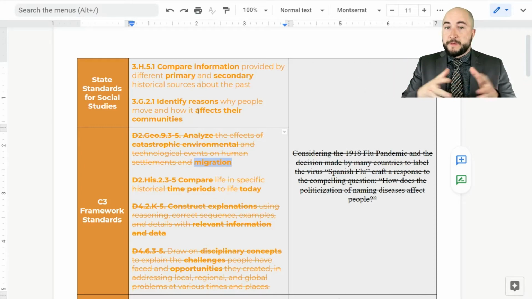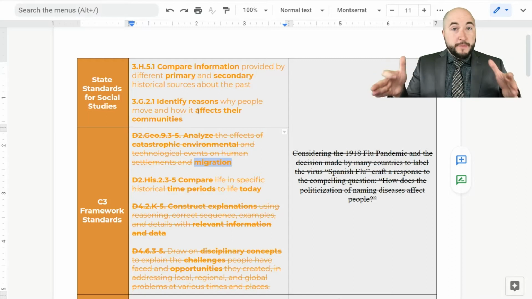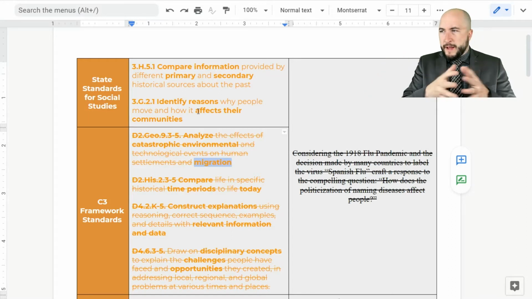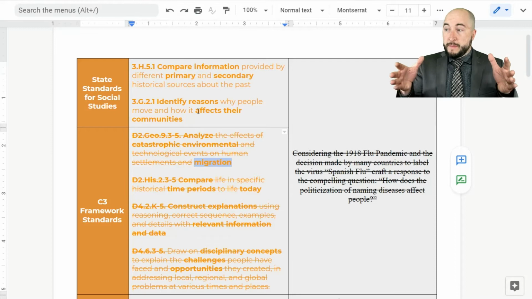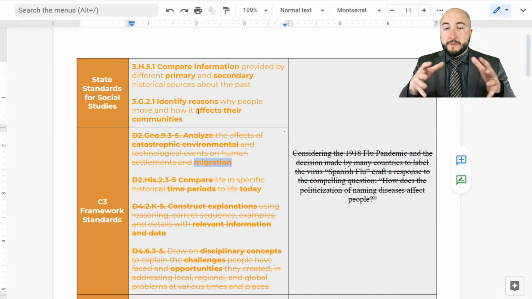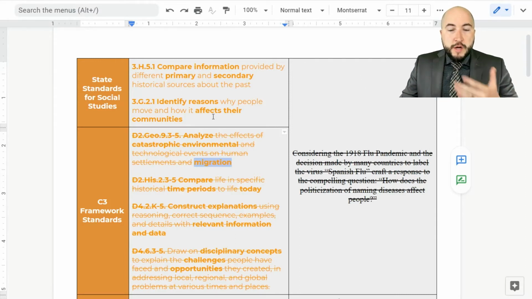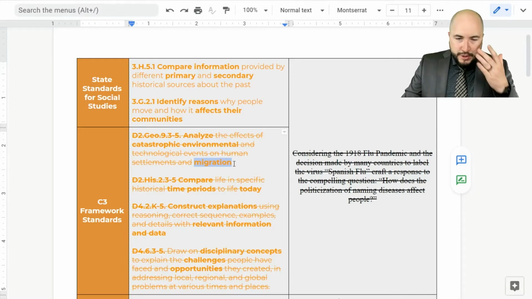Sometimes they moved to a different community. Also, it stopped people moving. Migration is also not just about why people move, but sometimes why people don't move. Some people migrate to a certain part and then get stuck someplace. So we could talk about that too. I think the students would all have a story that they could share about that. So we have these 2 standards that we know about. It's about geography, it's about movement.